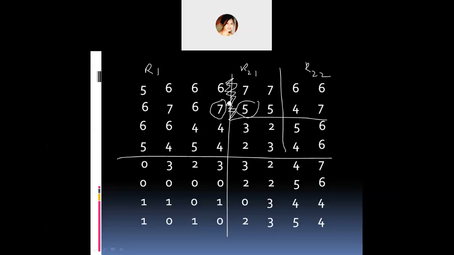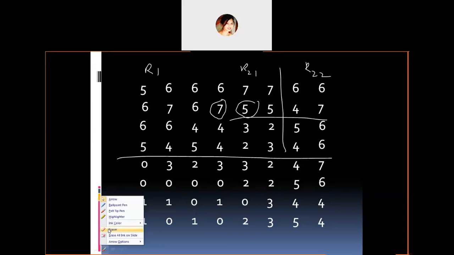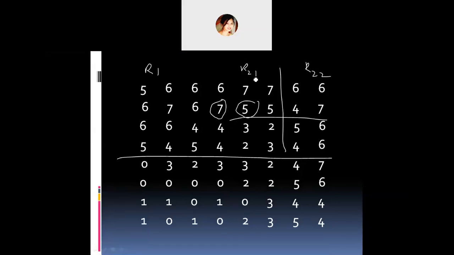So let's check this region with this now, because this is already merged. So this region is already merged, so we remove this part and this.